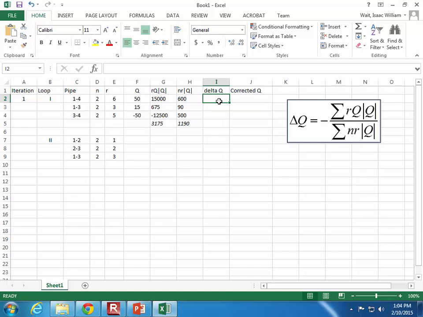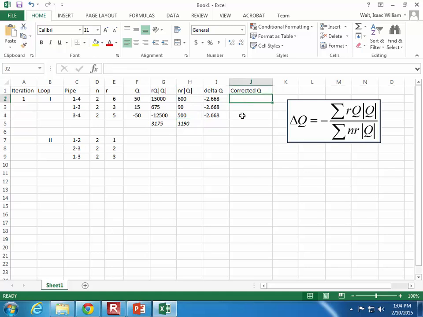So this equation is equals negative, because here's our negative sign, this divided by that. And now I'm going to do the same exact thing. Equals negative this divided by that. Equals negative that divided by that. All right? Trust me, it's better to type it in 3 times than it is to try and anchor the cell references.